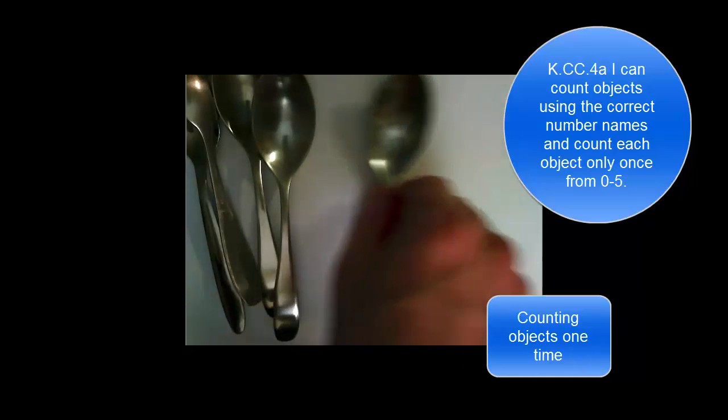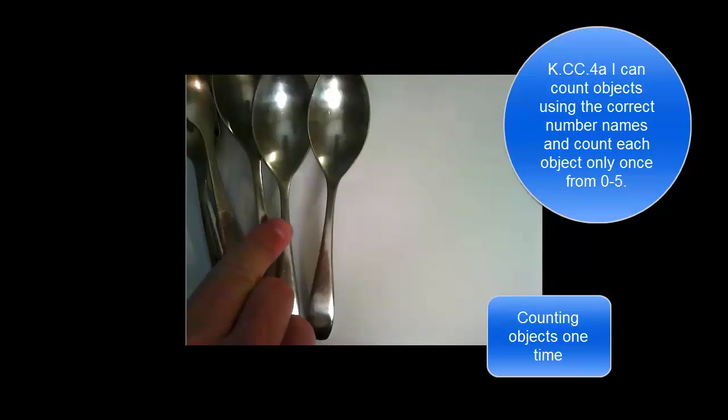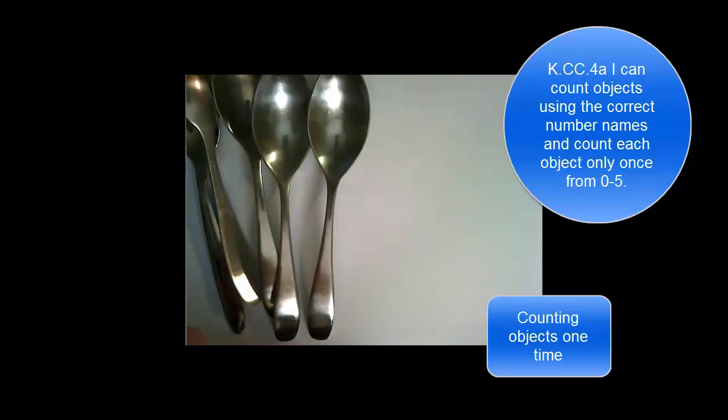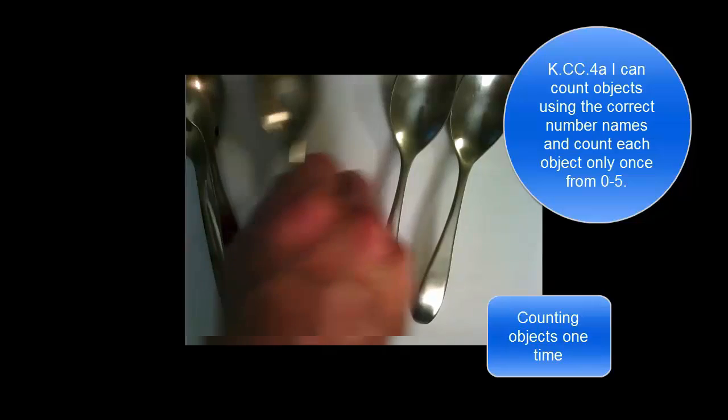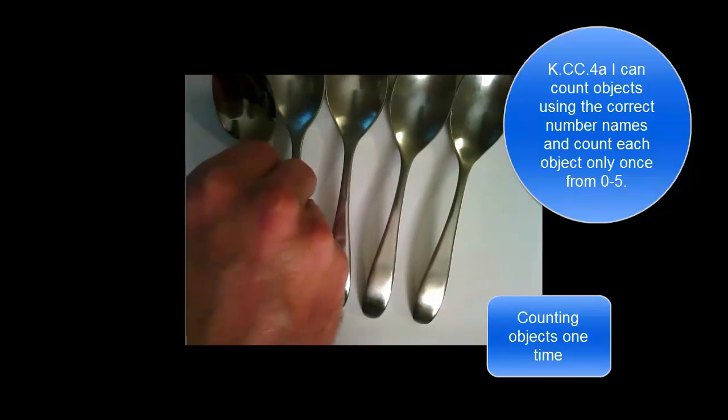Have them count the spoons, making sure that your child touches and slides each spoon as they are counting. Each object should only be counted once, and one counting word should be used for every object. For example, 1, 2, 3, 4, 5.